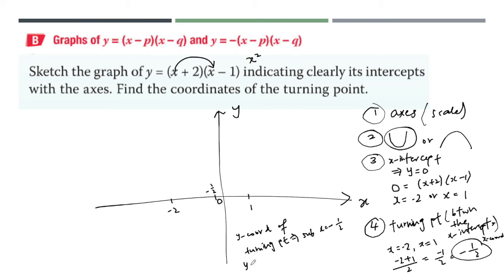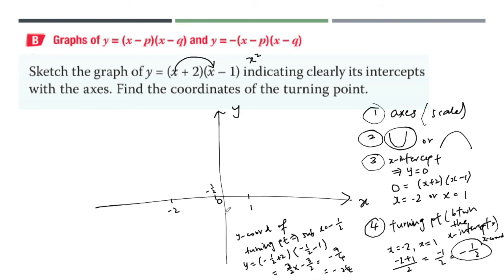Then you have y equals -half plus 2 times -half minus 1. And you have 1.5, which is 3/2, times -3/2. Then you have -9/4, which is about -2 1/4.